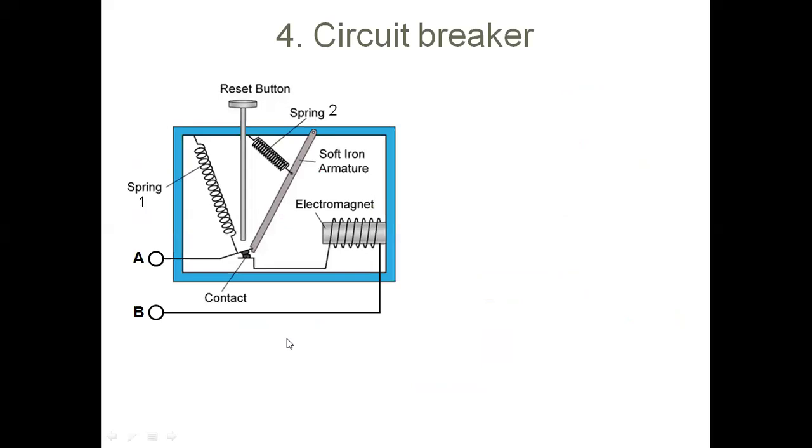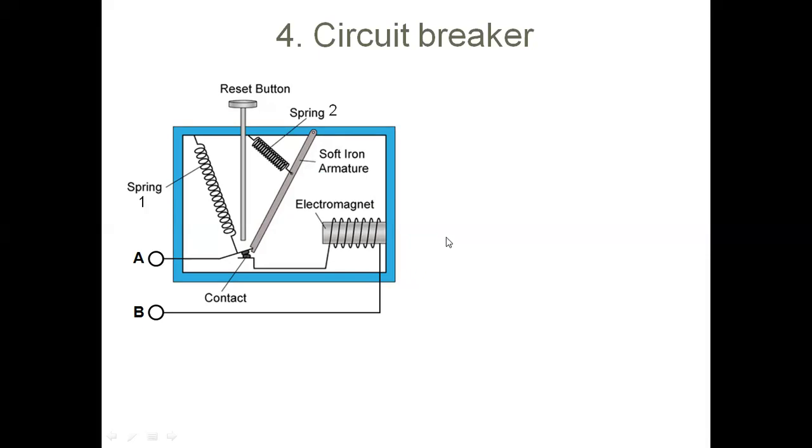Fourth use, circuit breaker. We discussed briefly the circuit breaker in our video on mains electricity, but the detail was not explained because in that video we did not study the electromagnet. So this also consists of an electromagnet, and it functions like a fuse. When a larger current flows, it breaks the path and current stops flowing.